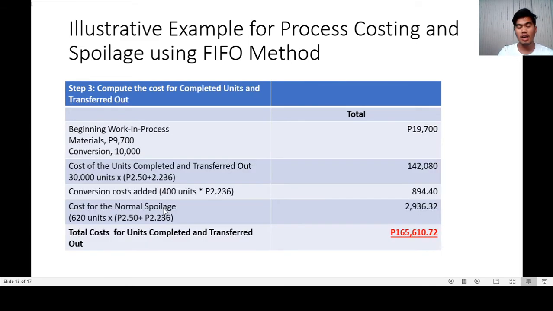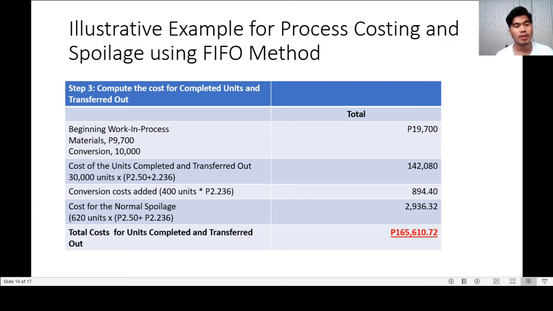So i-account din natin yung cost for normal spoilage. Again, di ba sabi nga natin yung normal spoilage is isosoldier ni good units, yung mga completed units.